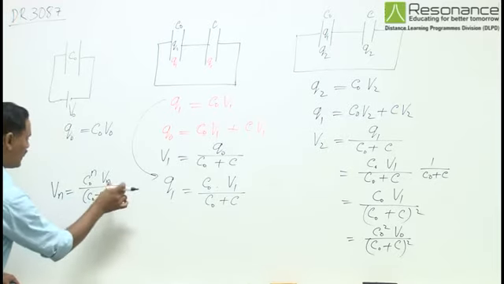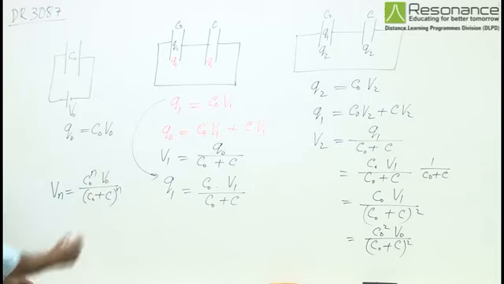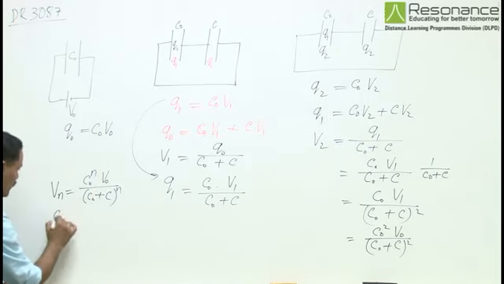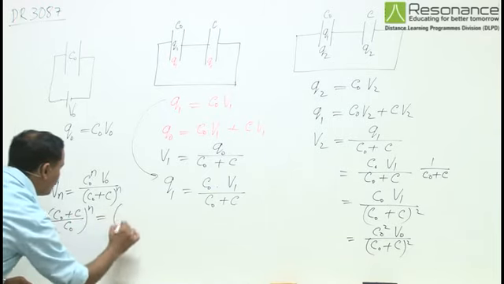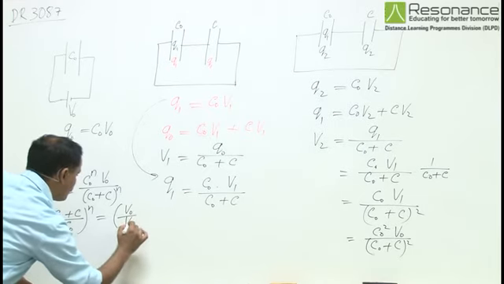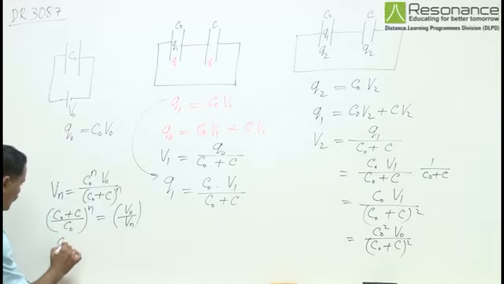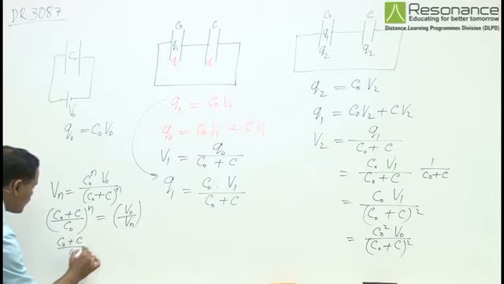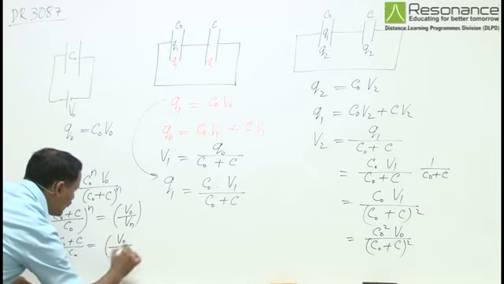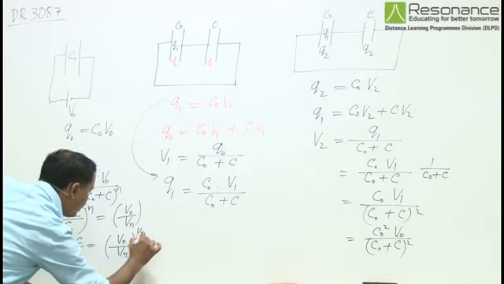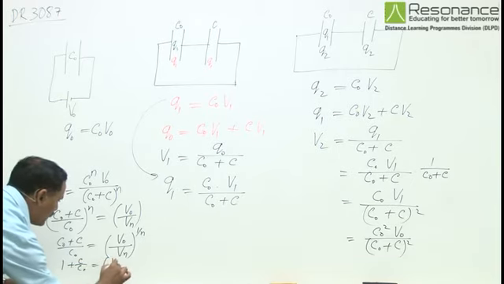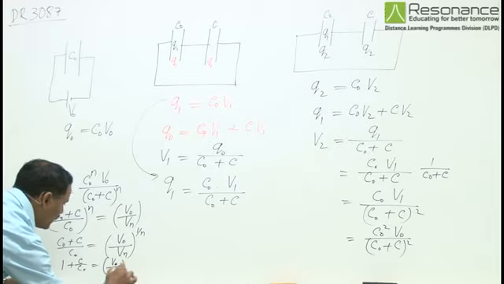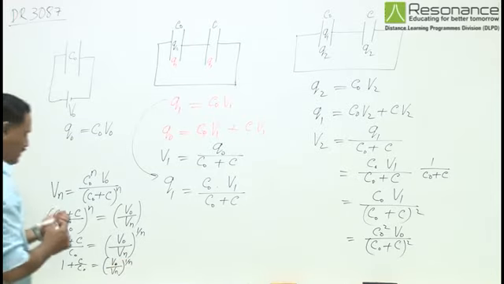Now, if we rearrange it, it can be written as C naught plus C by C naught to the power n is equal to V naught by Vn, or C naught plus C by C naught is equal to V naught by Vn to the power 1 by n, or it is 1 plus C by C naught is equal to V naught by Vn to the power 1 by n.